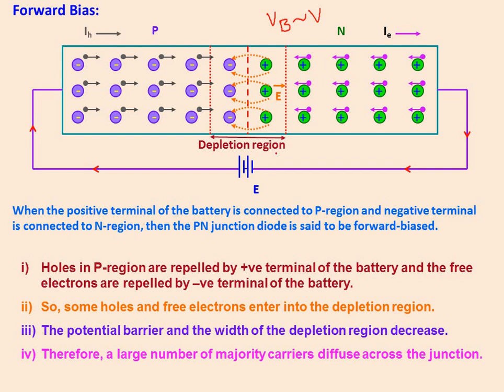So the important points to remember in the forward bias: the current is mainly due to the flow of majority charge carriers. Look here, on the P type holes and on the N type electrons. It is in the order of milliampere, 10 power minus 3.